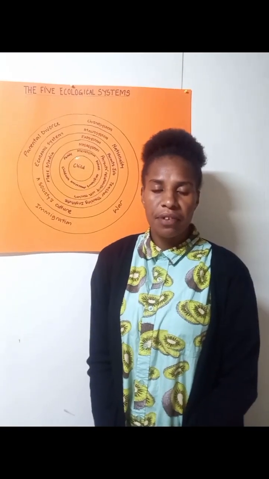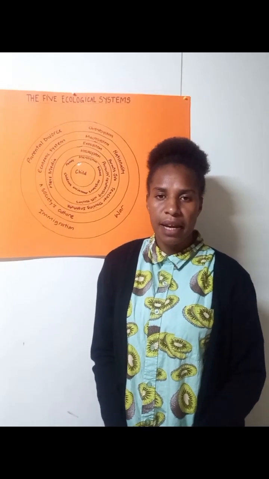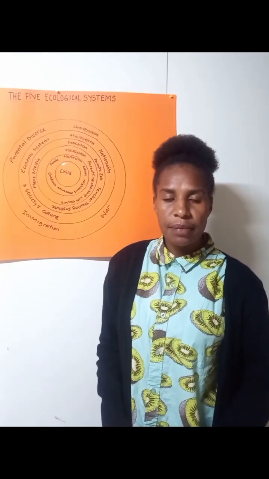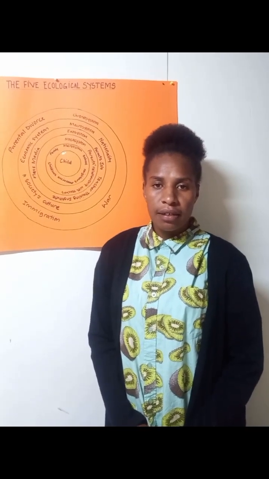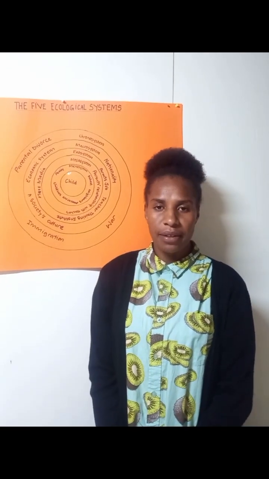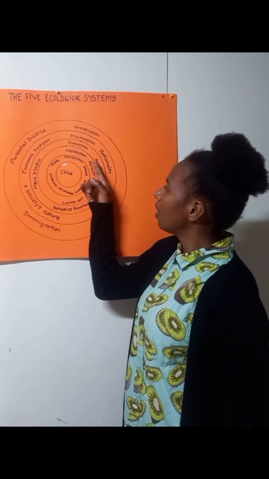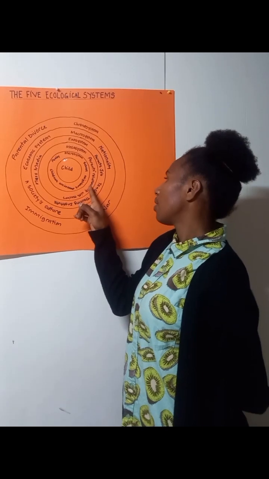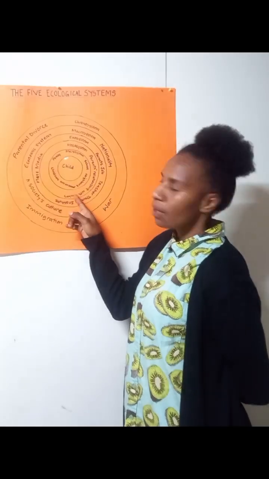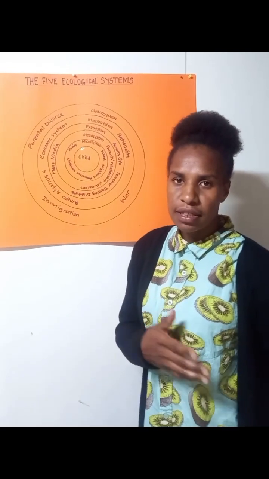This layer provides the connections between the structures of the child's microsystem. Most importantly, the mesosystem refers to the connections and relationships that exist between 2 or more microsystems. Some of the examples of this structure are stated here. The first one is parents' relationship with teachers, or it can also mean the child's relationship with the parents.